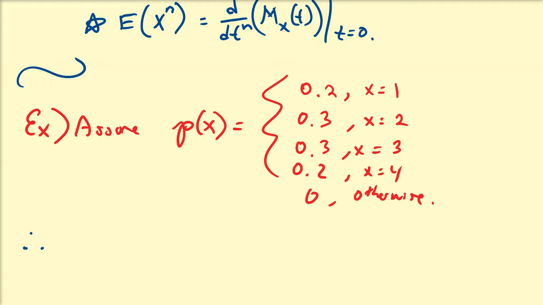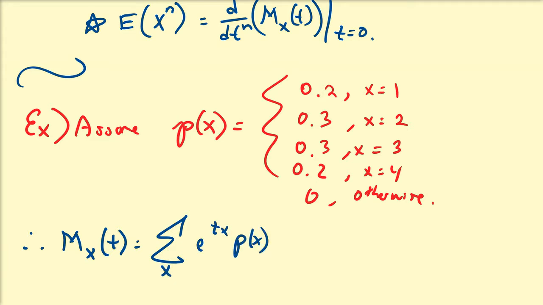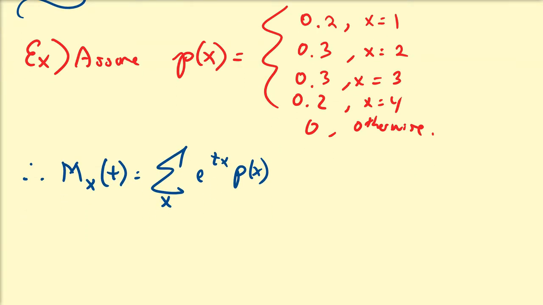So, we need to calculate the moment generating function so we can calculate the moments of this random variable X. From the definition, M_X of t is equal to the sum across all x values of e to the tx times the probability associated to the value of x. So what is this going to be equal to?